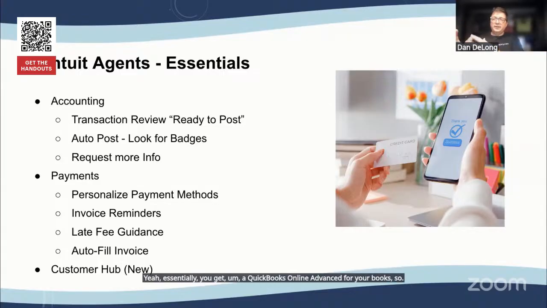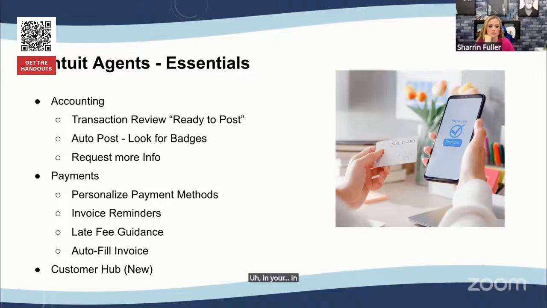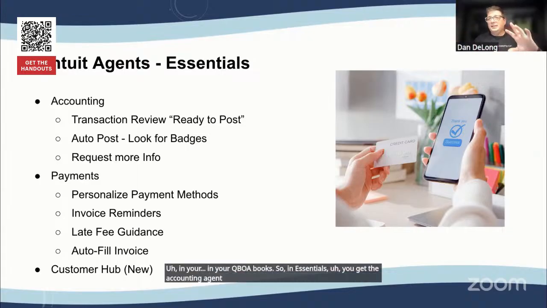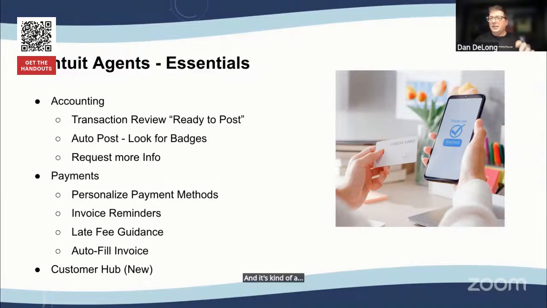So you ideally should have all 7 of those agents in your QBOA books. In Essentials, you get the accounting agent, and it's kind of an accounting agent core, right? And then we'll talk a lot about what happens in Plus.